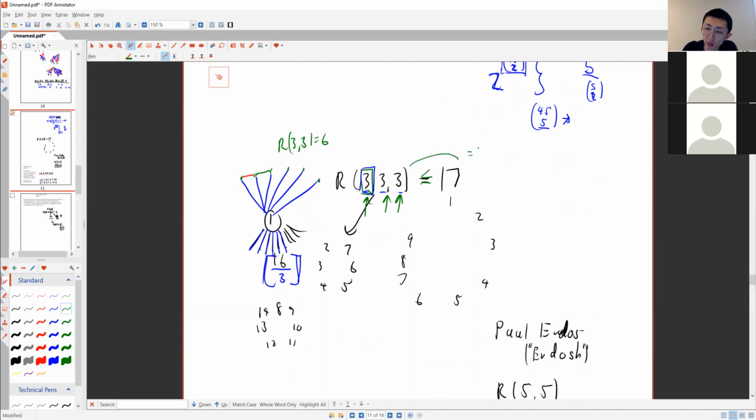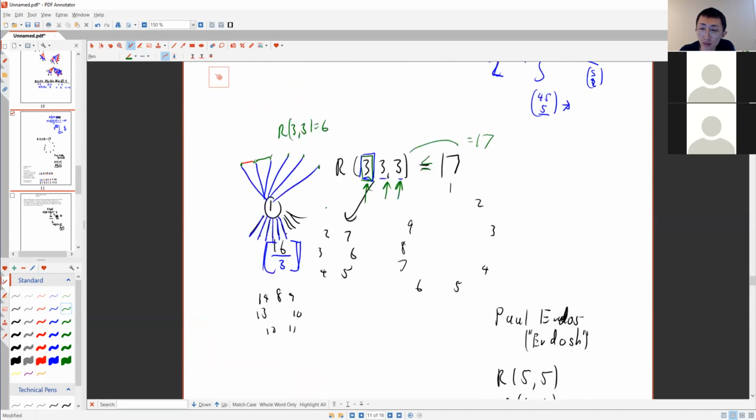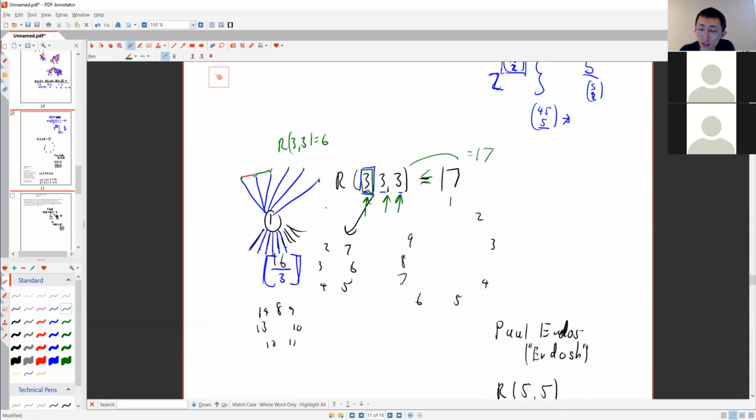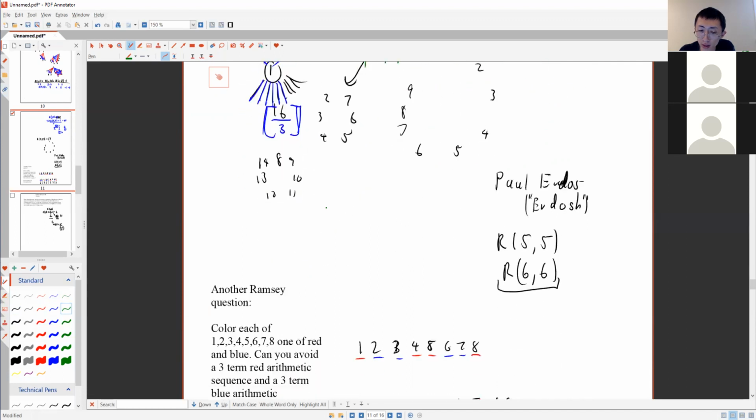And in fact, it equals 17, I think. Finding a graph that shows that the lower bound is 17 as well is not always super easy. It might take a lot of trial and error.